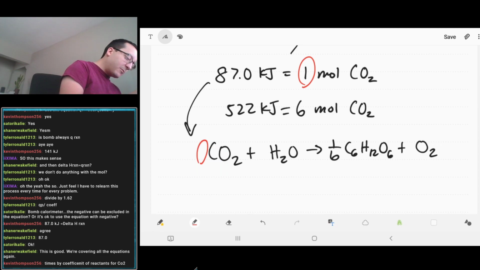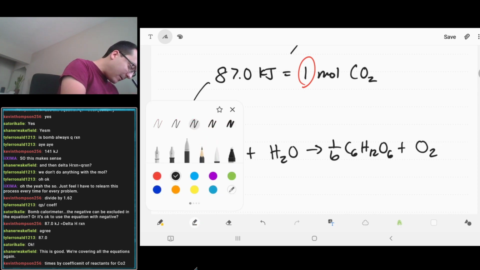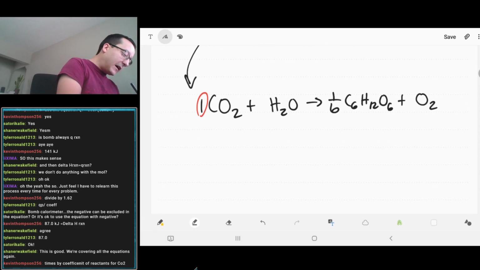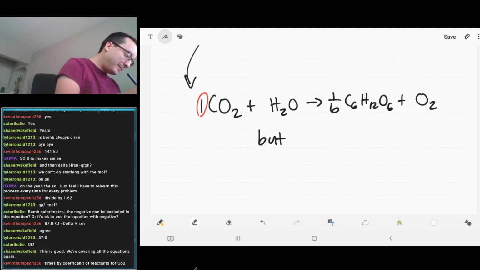Let me go ahead and erase the 522 for now. I guess I should write 1 there. Again, I did not mean for this one to be tricky in this regard, but sometimes that happens when I make up problems on the spot.